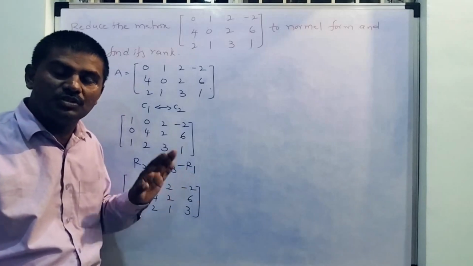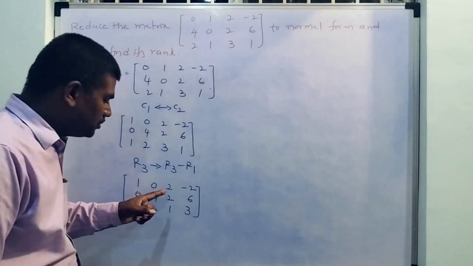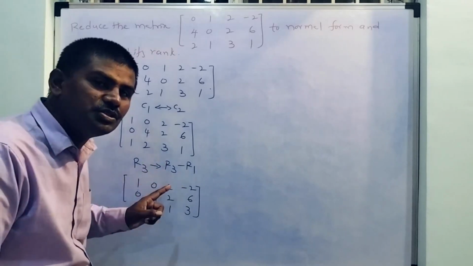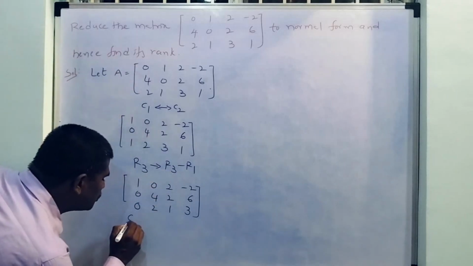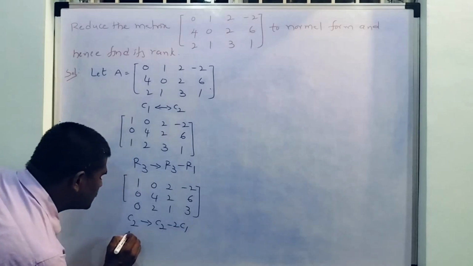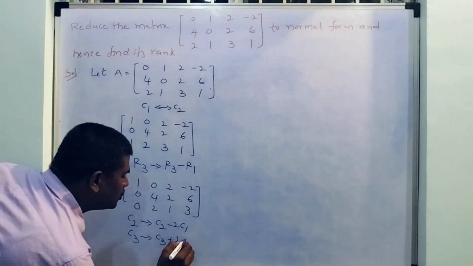This is the procedure. We strictly follow this. Okay, right. So let us use elementary column operations and make these 2 elements 0. That means C2 tends to C2 minus 2C1, C3 tends to C3 plus 2C1.